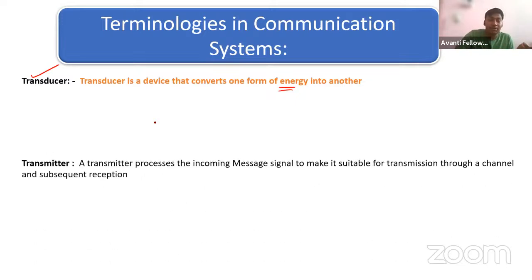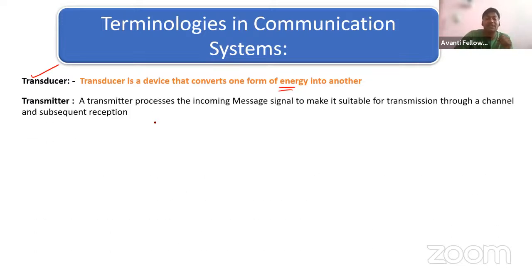Now the next thing is the transmitter. A transmitter processes the incoming message signal to make it suitable for transmission through a channel to the receiver. Its main function is to transfer the signal from the transmitter to the receiver through the channel.